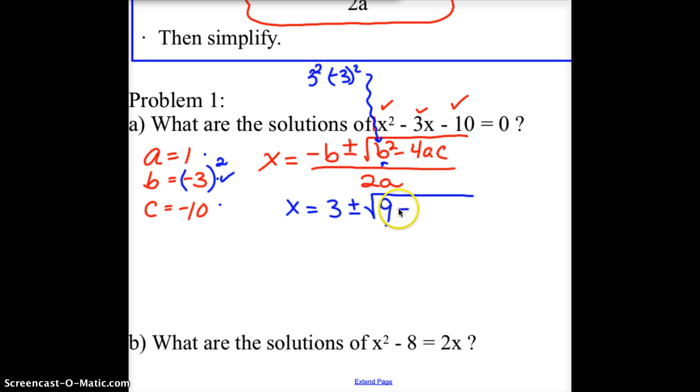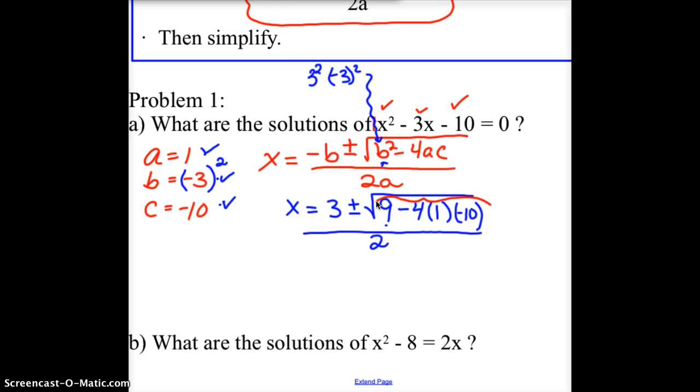Then the formula says we subtract 4 times a times c. A is a 1 going into the first set of parentheses. C is a negative 10 going into the second set of parentheses. It's all over twice a, or 2 times 1, which is 2. Next step in the process was to clean up under this root.